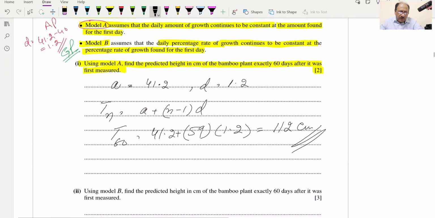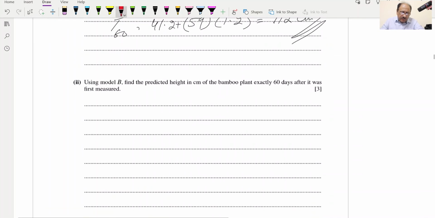And for part B, model B assumes that the daily percentage rate of growth. So we will find for GP, A value is the same.